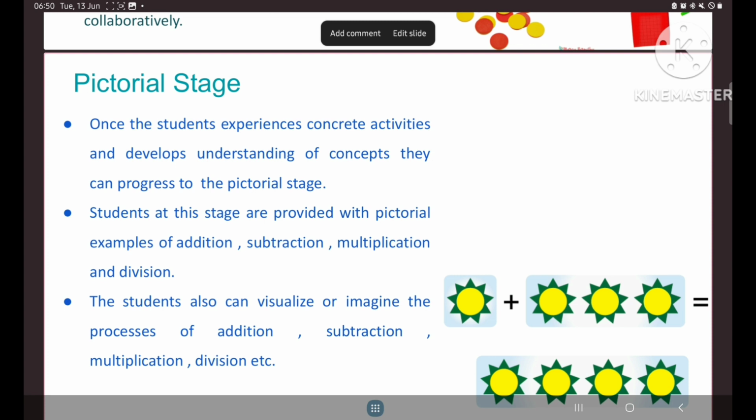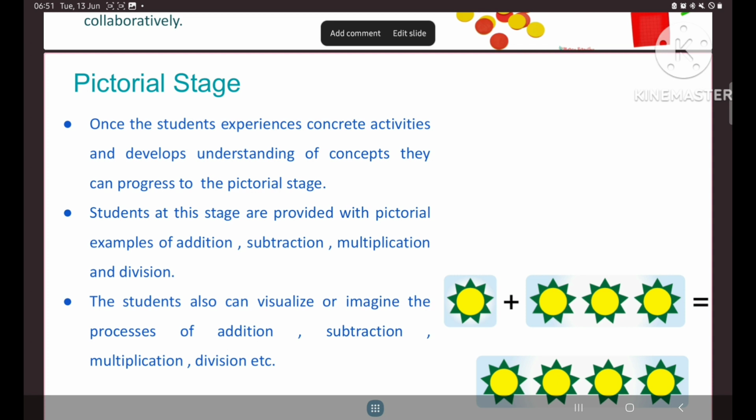Pictorial stage. Once the students experience concrete activities and develop understanding of concepts, they can progress to the pictorial stage. Students at this stage are provided with pictorial examples of addition, subtraction, multiplication, and division.